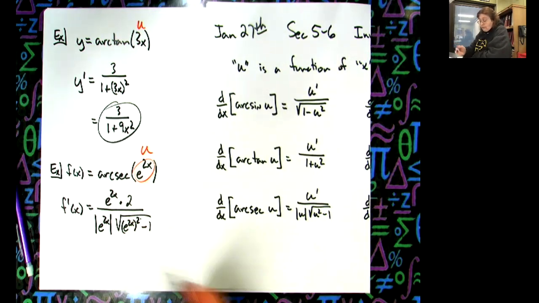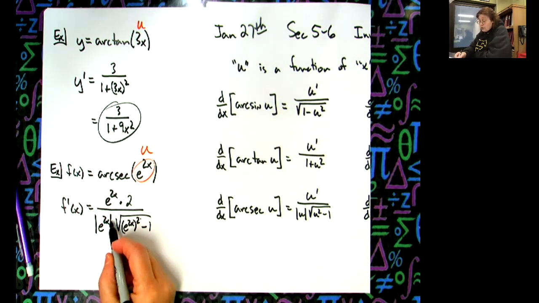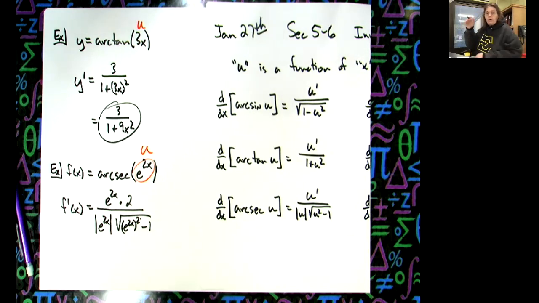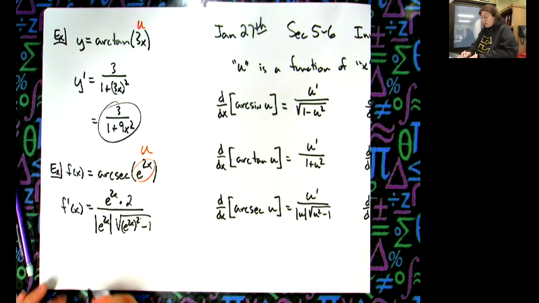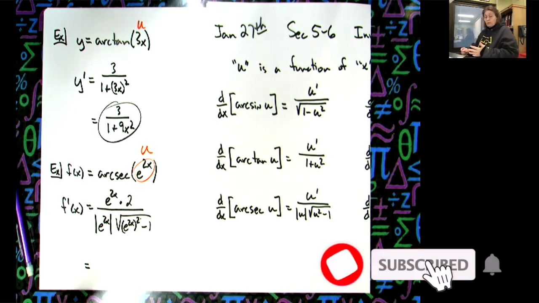If I plug in a negative 2, that'd give me a negative 4, so it'd be e to the negative 4, which is 1 over e to the 4th. So it's 1 divided by some decimal, still positive. So this value is always going to be positive. Do we all agree? No matter what I plug in for x, this is always going to be positive. So I can drop the absolute value bars since I went through positive numbers, negative numbers, and zeros. I know it's always going to be positive.